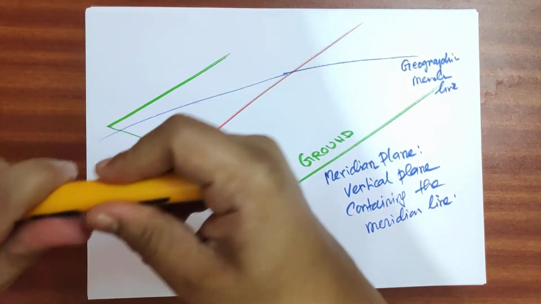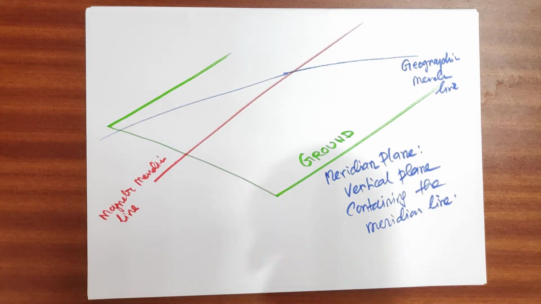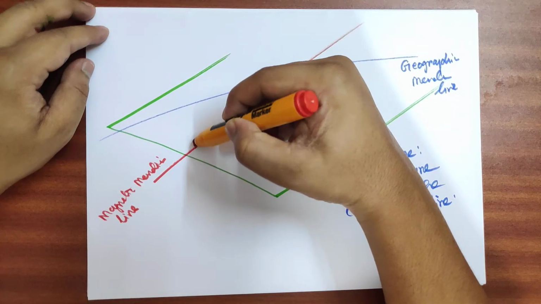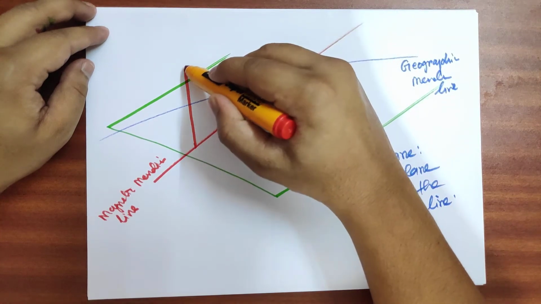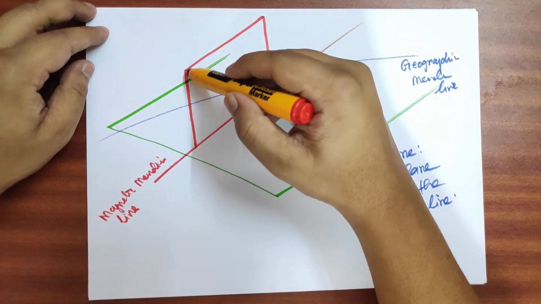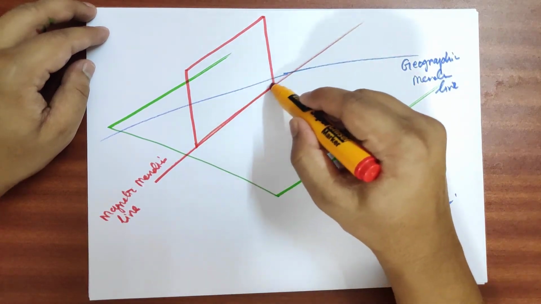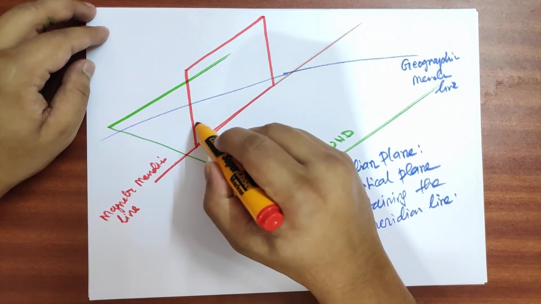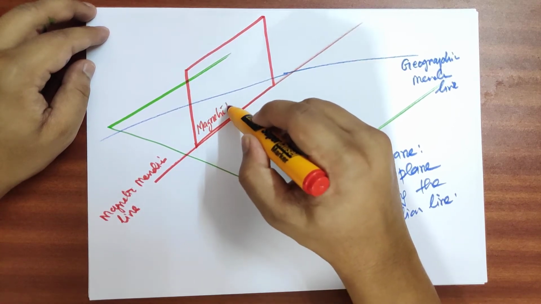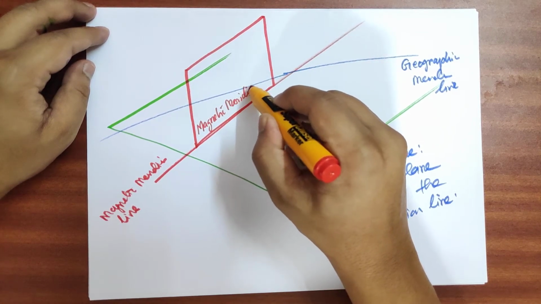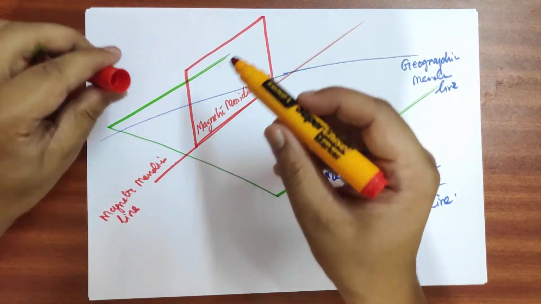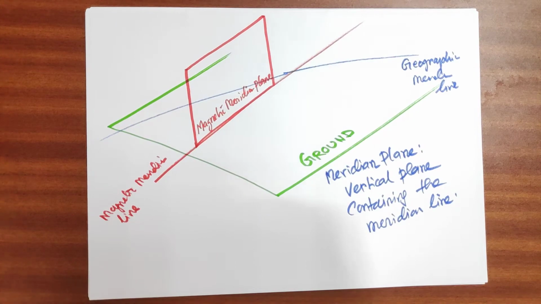So we will draw the magnetic meridian plane. This vertical plane is the magnetic meridian plane, and the magnet chooses to stay in this plane.